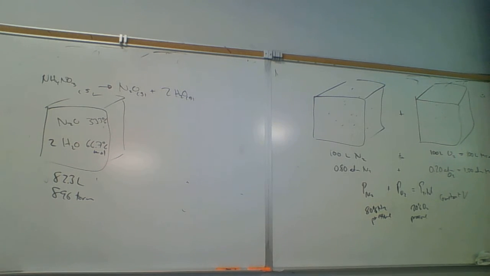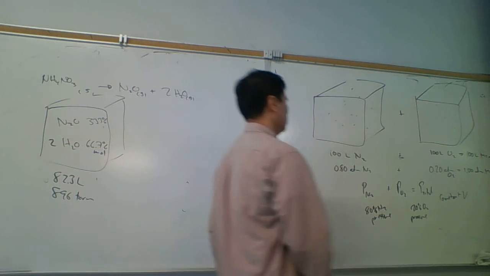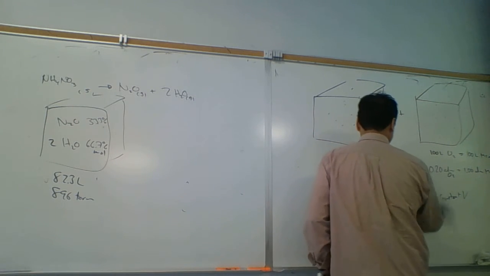Well, I can use Avogadro's or I could use Dalton's. So go ahead and figure it out. Which one do you want to do? It doesn't matter. But we have to pick one or the other.